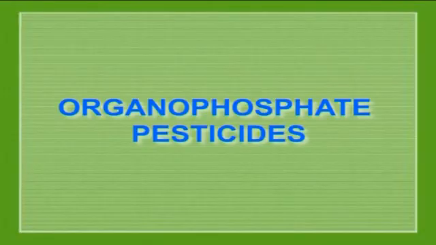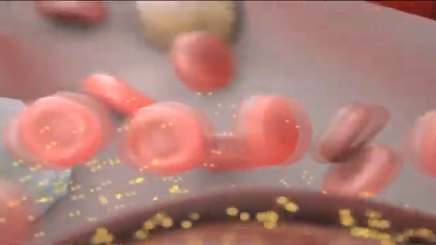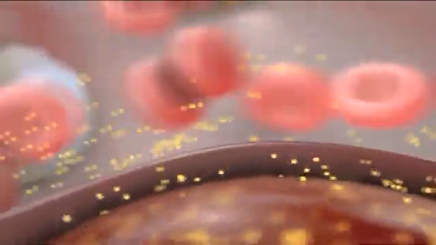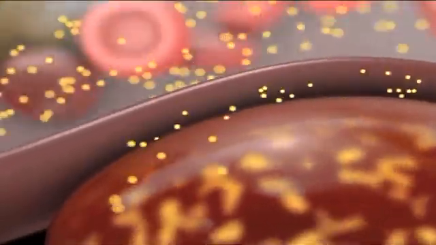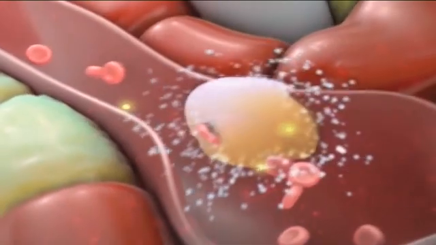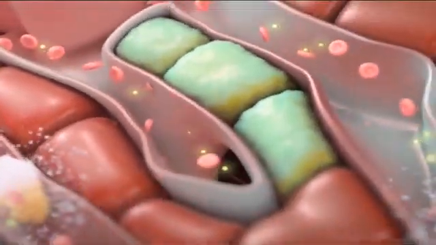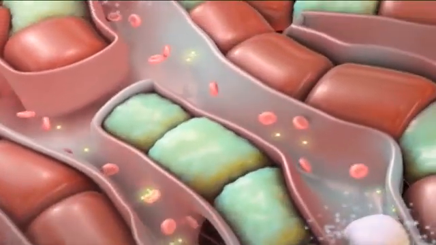Organophosphate pesticides. Organophosphate poisons attach themselves to a chemical in the blood that is normally present and necessary for proper nerve functioning. This chemical is the enzyme cholinesterase. The organophosphate pesticides bind to the enzyme and make it unavailable to the nerve connections.